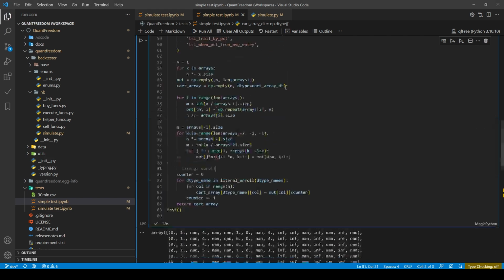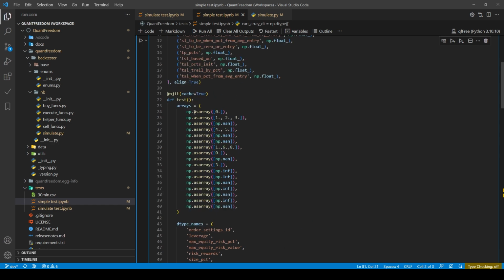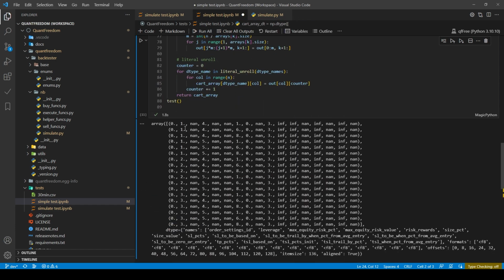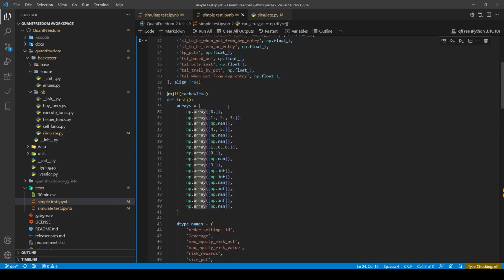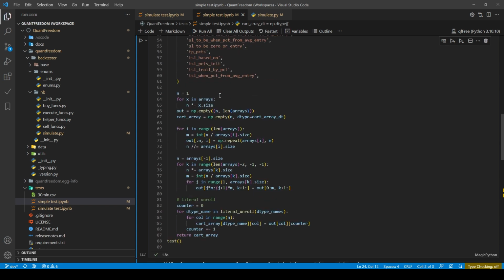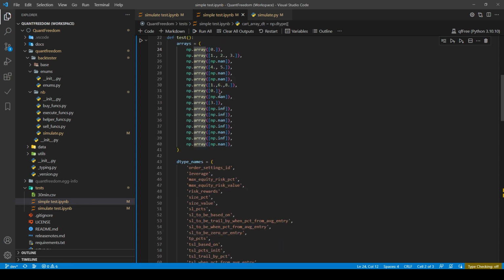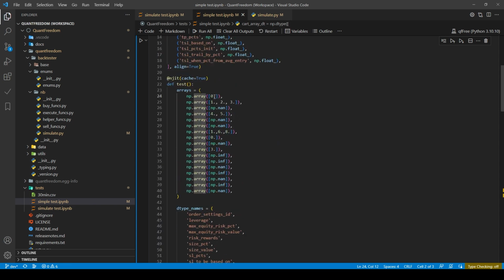What the fuck is this? How does this work? Why does this work now? What? Why does this work? What? Why the hell does this work now?